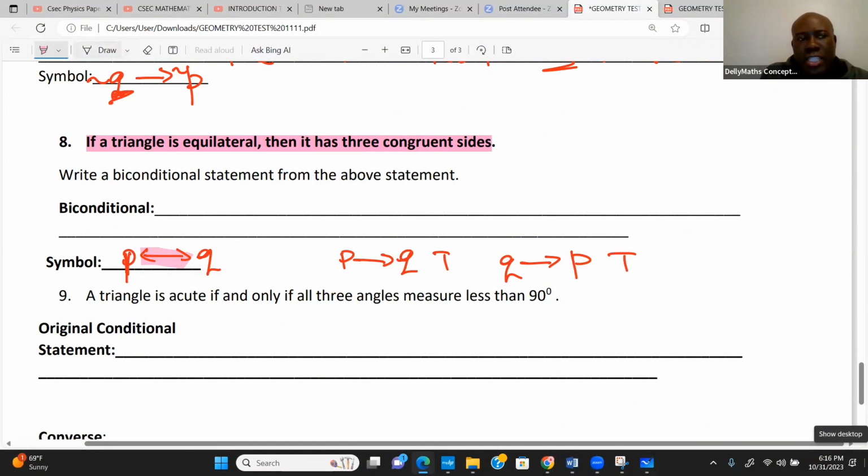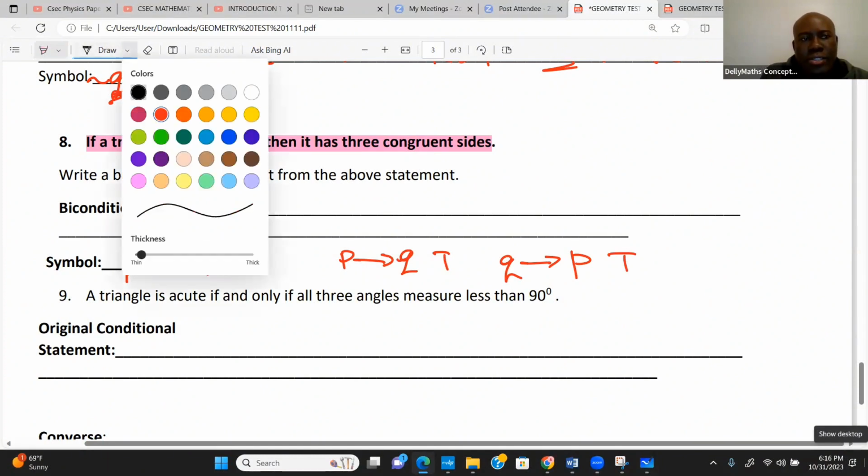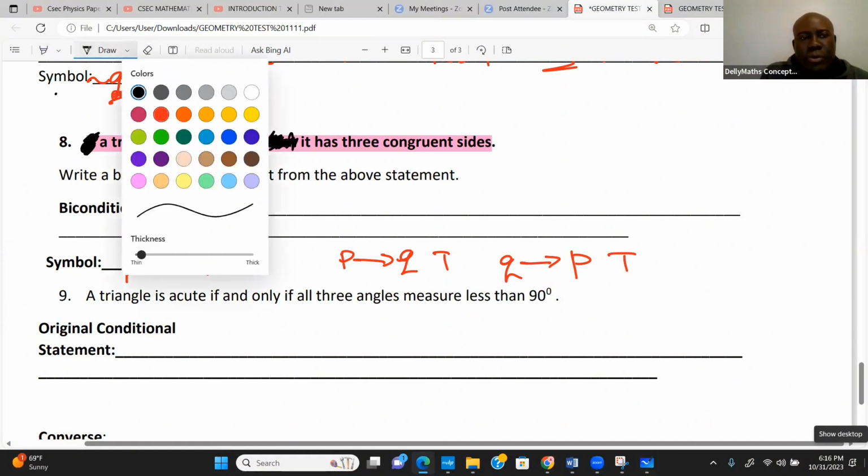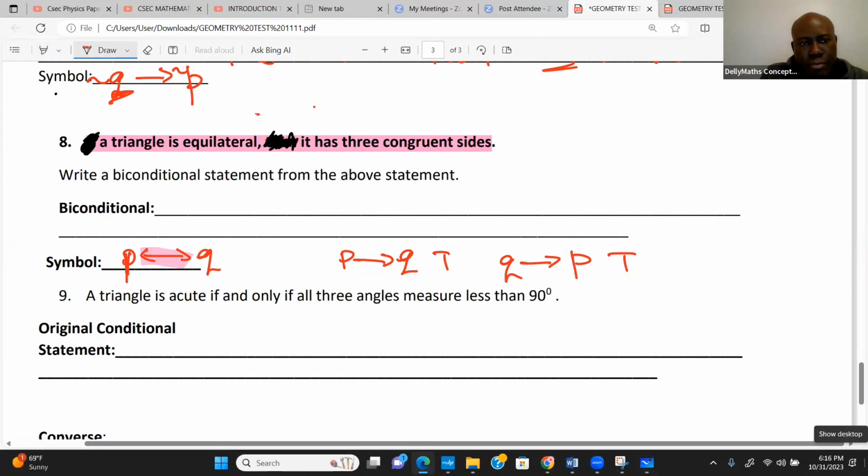To write a biconditional statement, what we do is we're going to remove the if, we're going to remove the then, and we're gonna place where the then is, we're gonna put if and only if. We're gonna put it right here. So where we have then, we're gonna put if and only if.